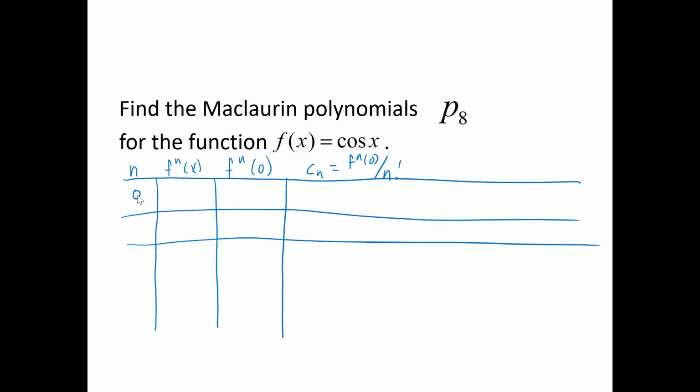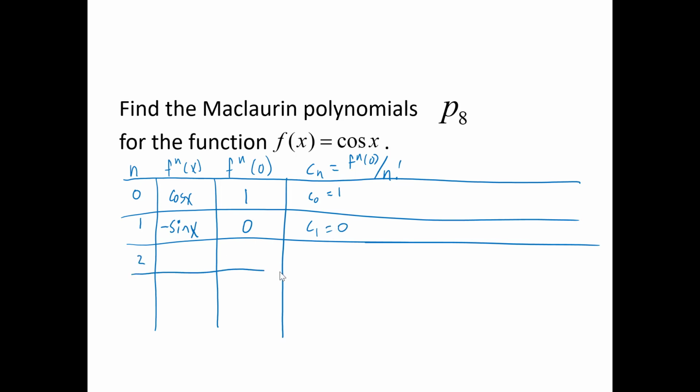When n is 0, we just have the cosine function, we just have the original function. When you plug in 0 into the function, you get 1. And so then your C0 is 1. When n is 1, you get the negative sine function. But when you plug in 0, you get 0. And so then C1 is 0.